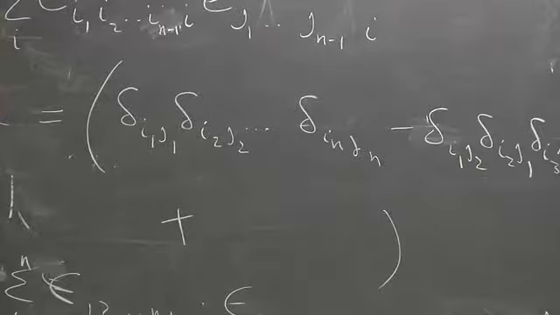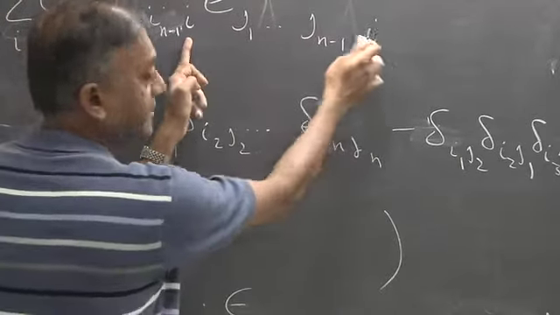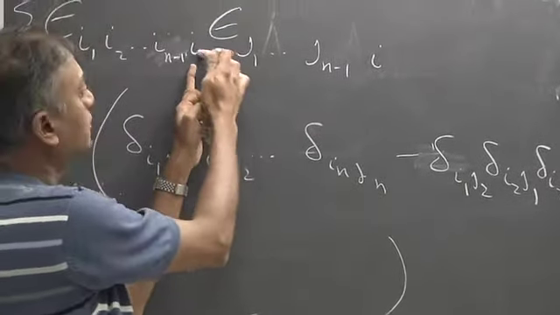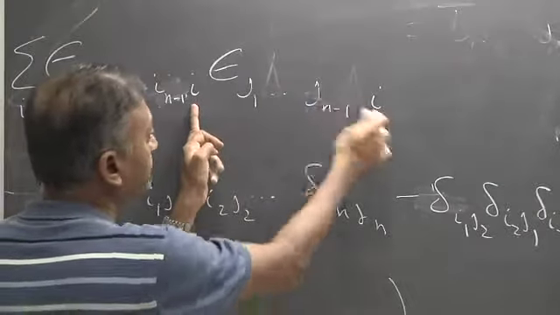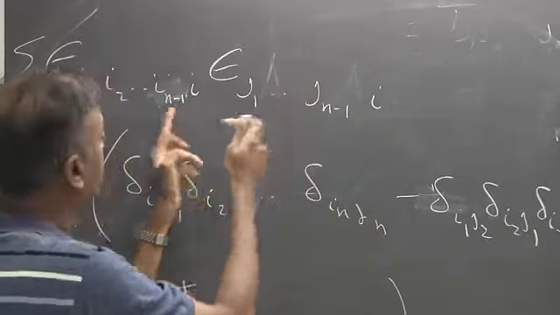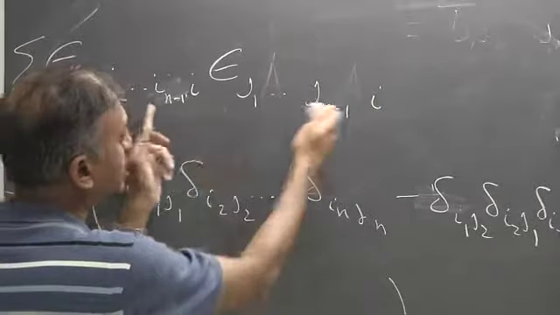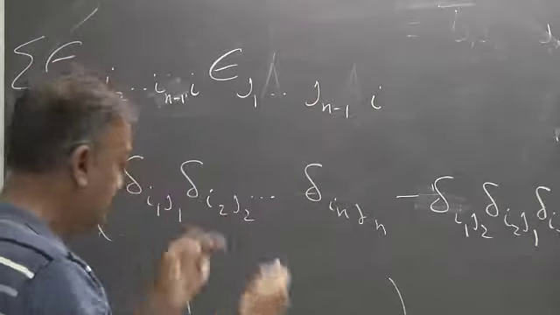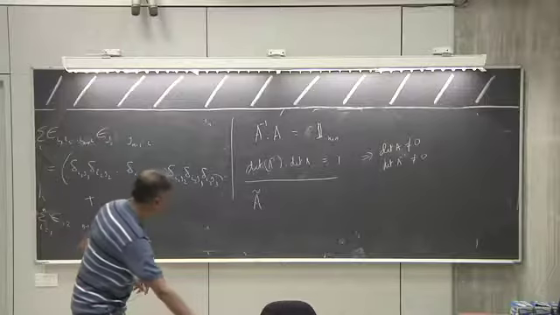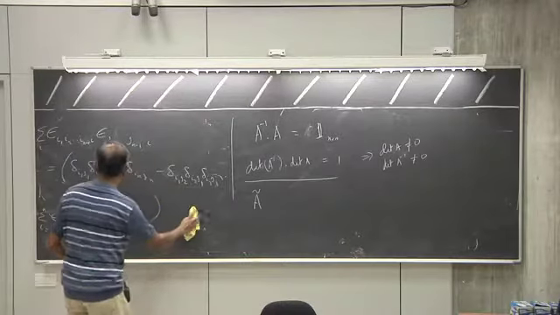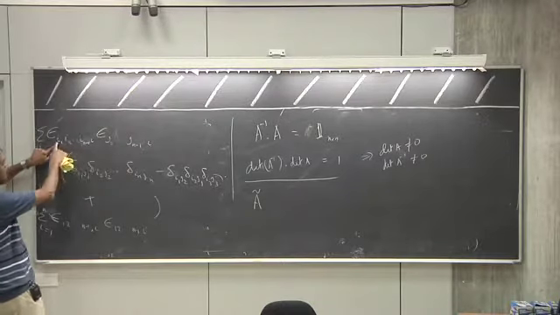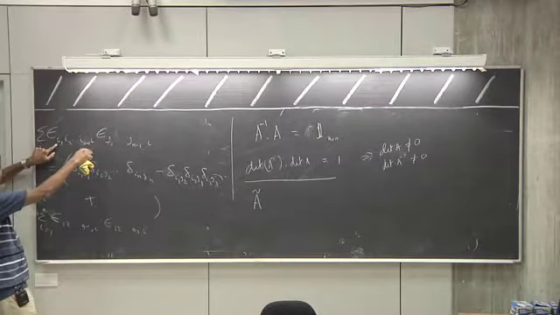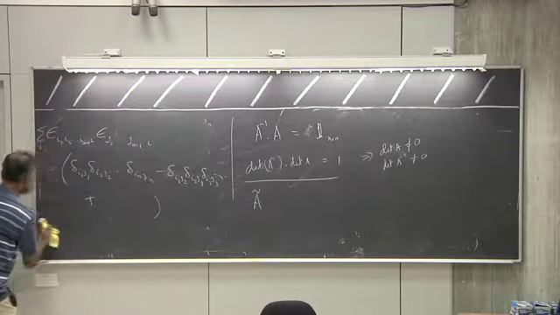Okay. Here I contracted only one index. This is called contracting an index. I summed over only one, contracted and summed over only one index. But you can contract many indices, right? In particular, a formula which you can get is when you contract n minus 1 of these indices and keep only one free index from each side. Okay? So consider this thing now.